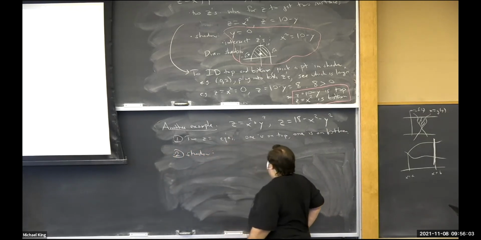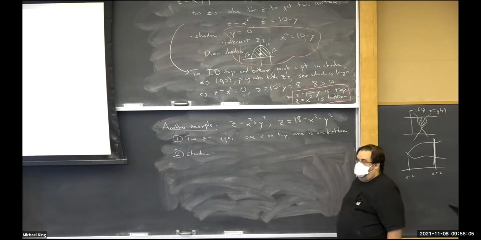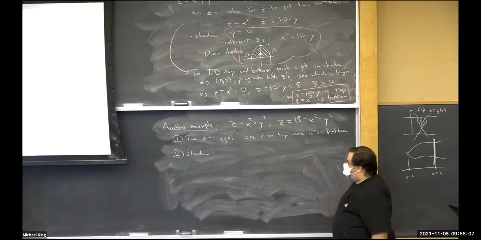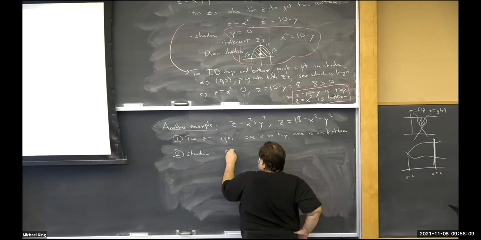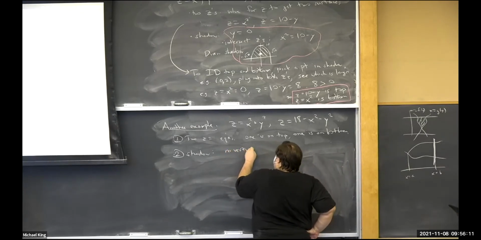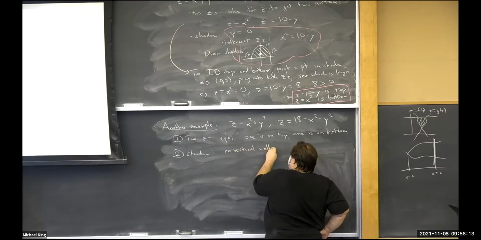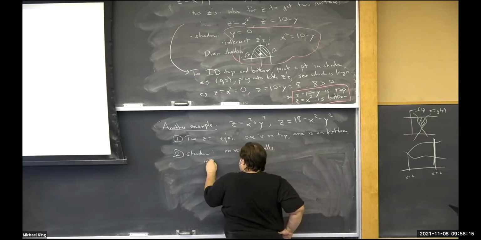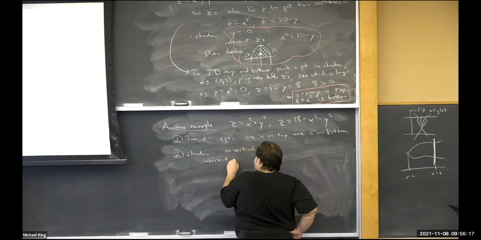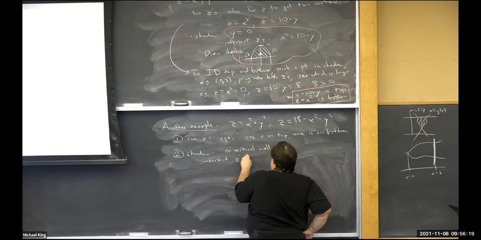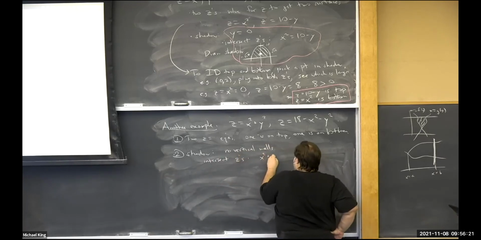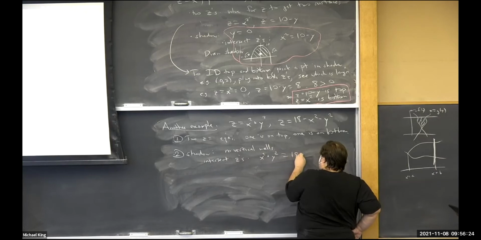Are there any vertical walls in this example? No, there are z's in both equations, so no vertical walls. But we intersect the z's, and we get x squared plus y squared equals 18 minus x squared minus y squared.